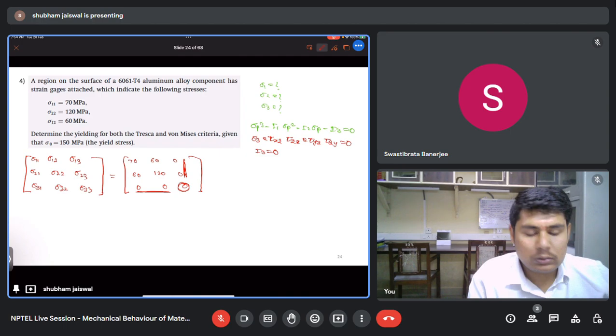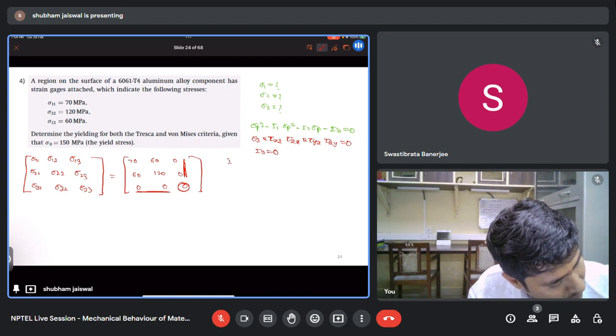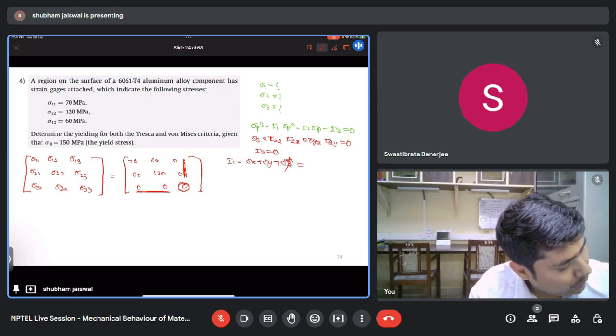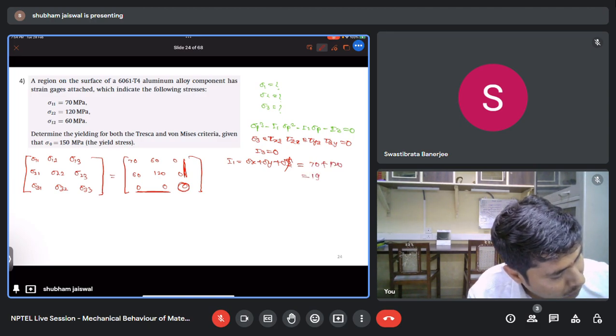Is it not? So I1 is equal to sigma x plus sigma y plus sigma z. Sigma z is 0. Sigma x plus sigma y, 70 plus 120, it is 190.